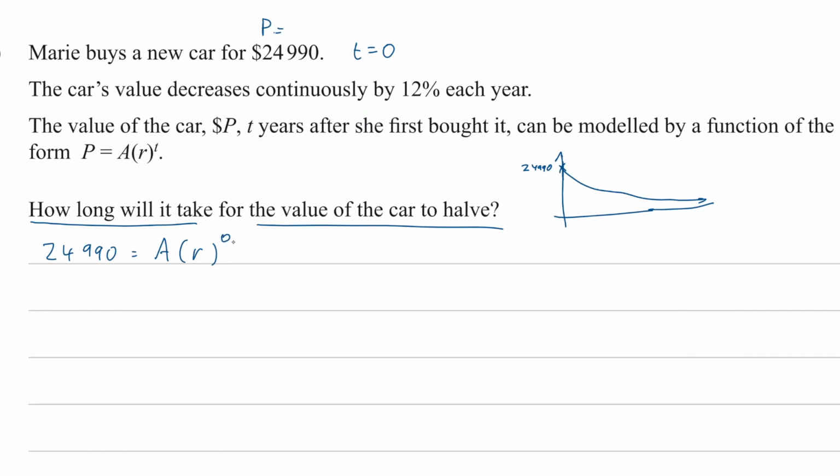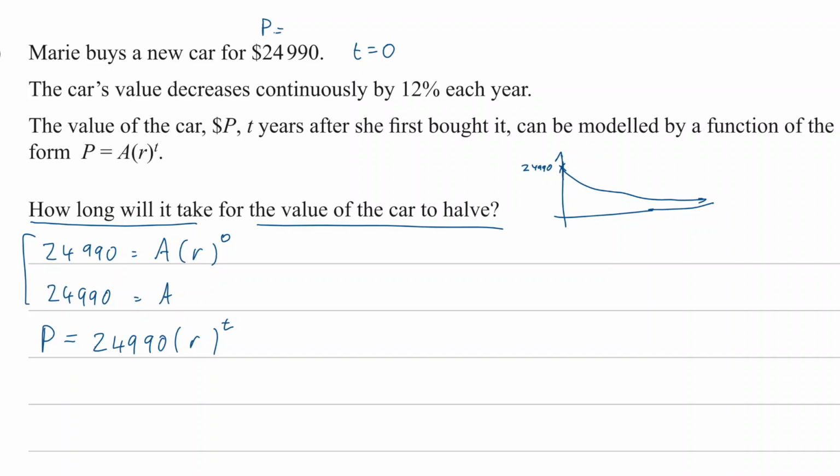R to the power of 0 is just 1. So we're left with A is equal to 24,990. All right, so that's finding A. So we've already updated our model to 24,990 times R to the power of T. Again, A just being that initial value, that initial condition.